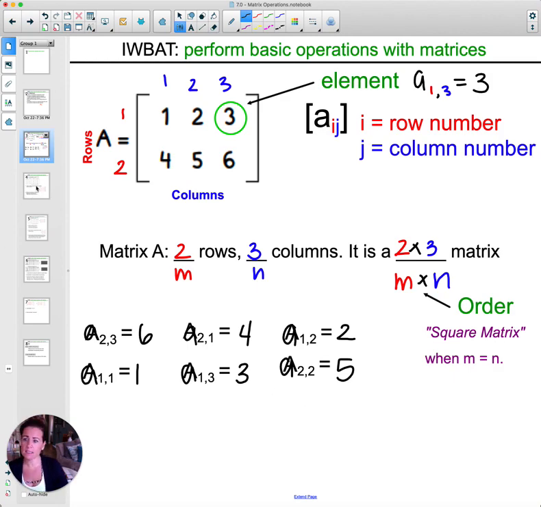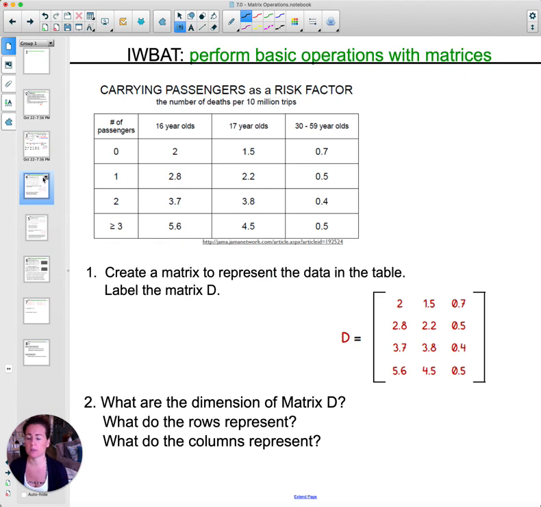All right, then let's start taking a look at where matrices start to become useful. When you're analyzing a lot of data, it'll just help you organize the data. This table right here shows the risk factor of carrying passengers, the number of deaths per 10 million trips, based on the number of passengers and the age of the driver.